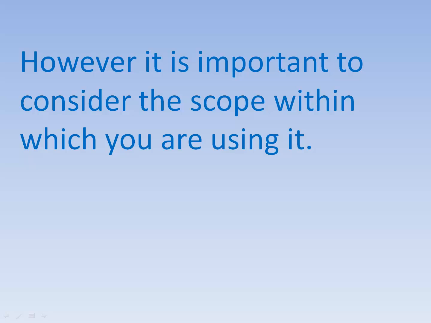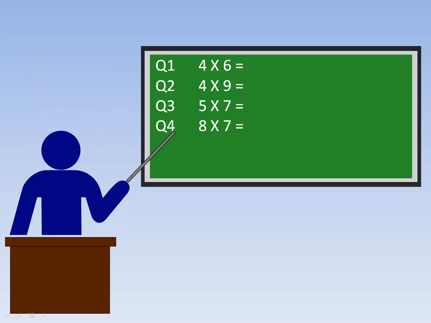However, it is important to consider the scope within which you are using it. Let's take a scenario where a primary school teacher is giving a quick test to their pupils of 4 maths questions, and they've got to show the answers using repeated addition.